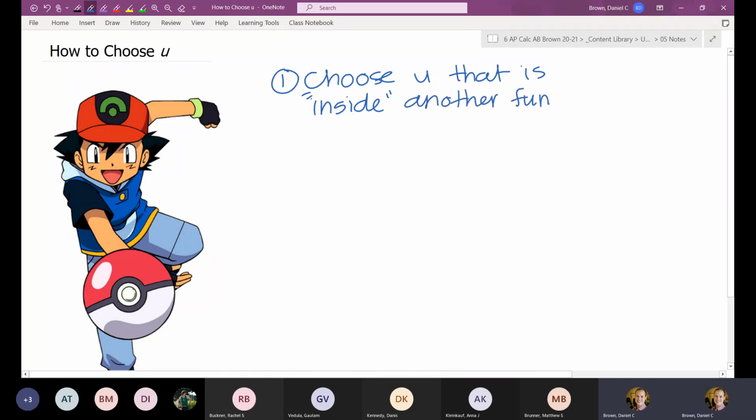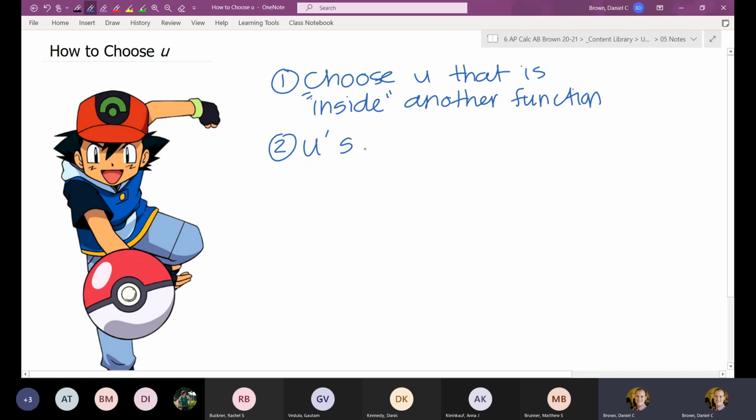Kind of like when we talked about chain rule and stuff. Those of you coming from Ms. Kennedy, I think she uses the term like donut and donut hole. So you're looking for a donut hole. I don't teach it that way, so I don't really know what that means, but we're looking for the inside of a function.